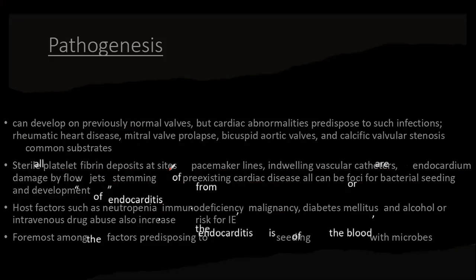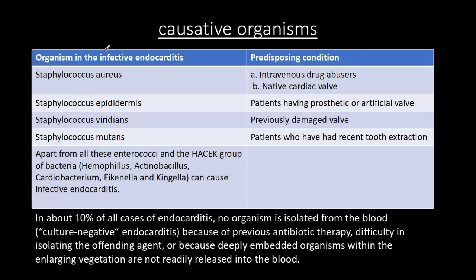So let's look at some causative organisms. For Staph aureus, the predisposing conditions are intravenous drug abuse and native cardiac valves. So it does not require a cardiac abnormality to cause endocarditis. It is the causative agent of acute endocarditis.